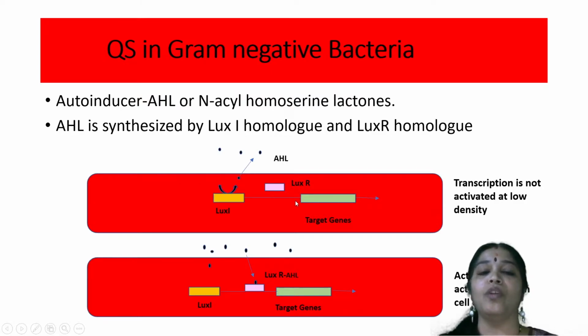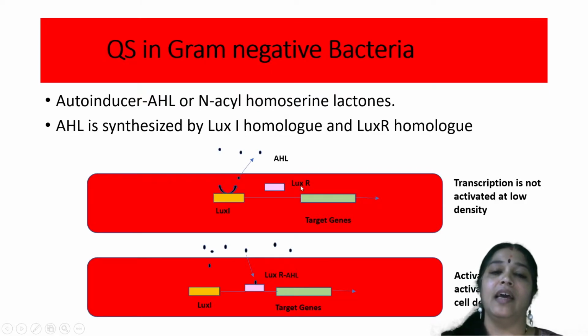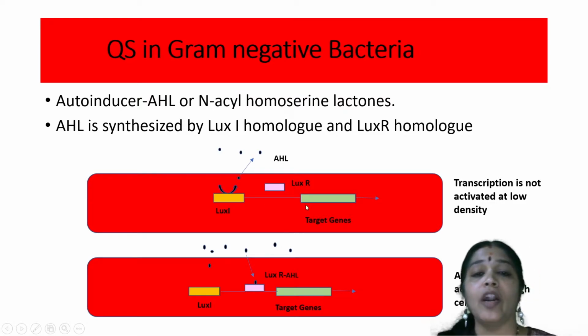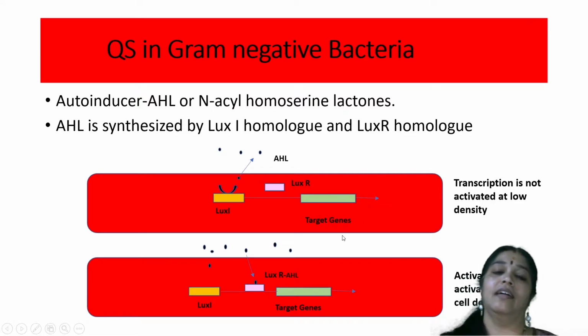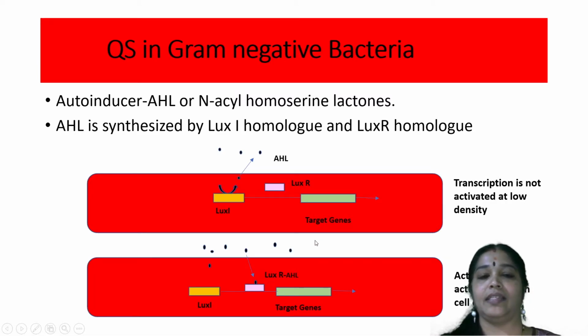This LuxR is not activated. Only when this binds to a particular receptor region of the target gene do the target genes get expressed, and this happens only when the population density increases. So here you can see transcription is not activated at low density.